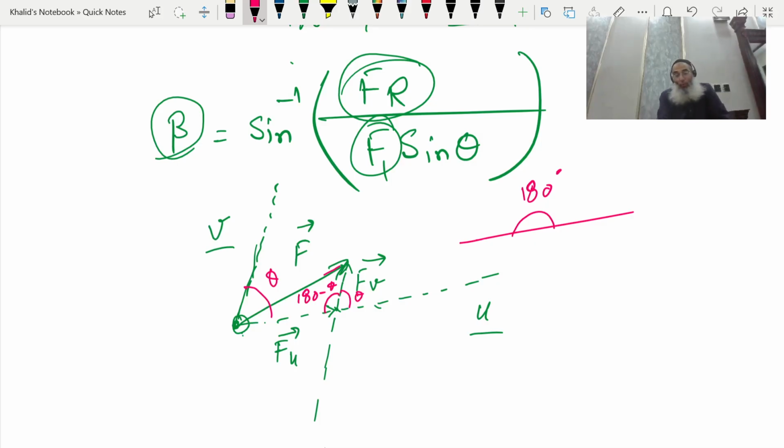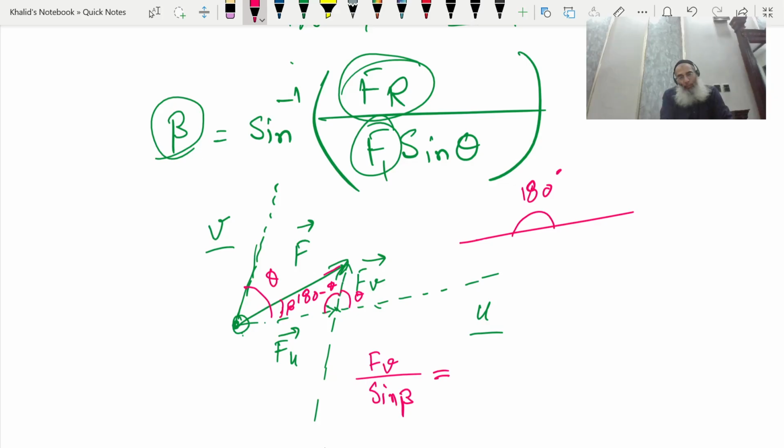And yes, one more thing. We also know the angle between this force and u, because the direction of the resultant force is also given. If that one is beta, now you can see that this is side FV, and the opposite angle is beta.